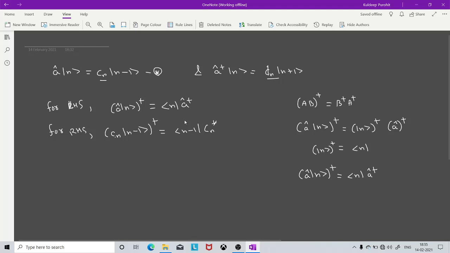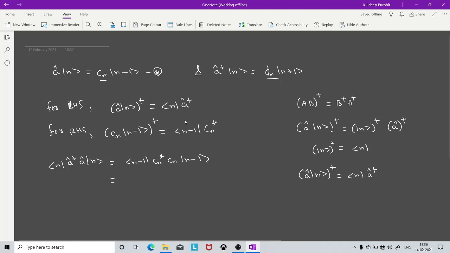Now if I multiply this starred equation with its Hermitian conjugate, then what will happen? If I multiply A into ket n with its Hermitian conjugate from the left, then it will be bra n into A dagger into A into ket n, and this will be equal to bra of n minus 1 Cn star into Cn into ket n minus 1.